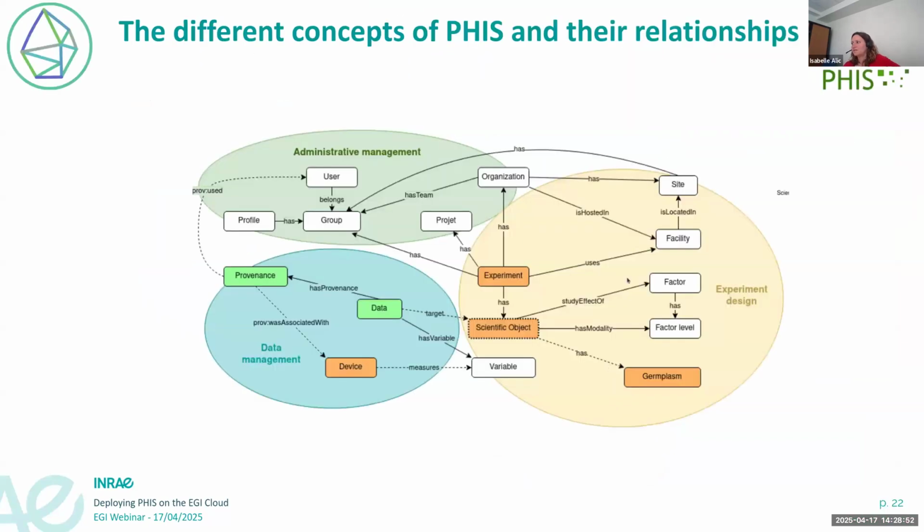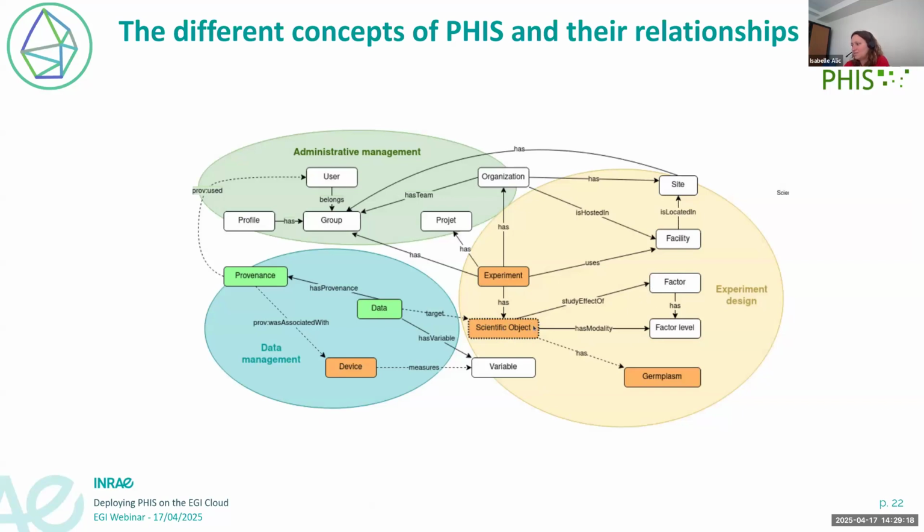This is a small map representation of the different concepts declared in PHIS and the links between the concepts. We can see that one experiment has organization, can have project, group, scientific object. The scientific object is what you're going to study. On this scientific object, we'll study the effect of a factor with a modality.